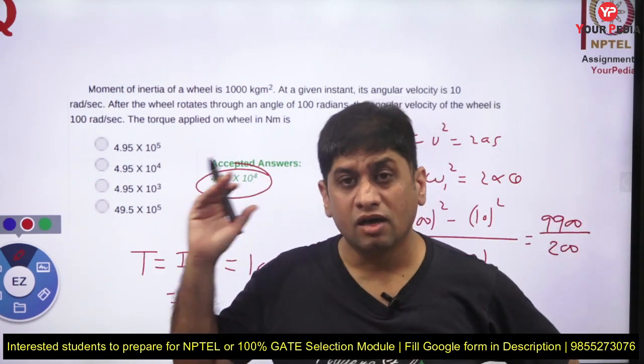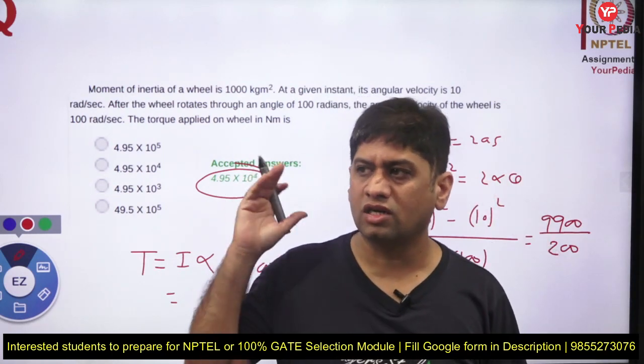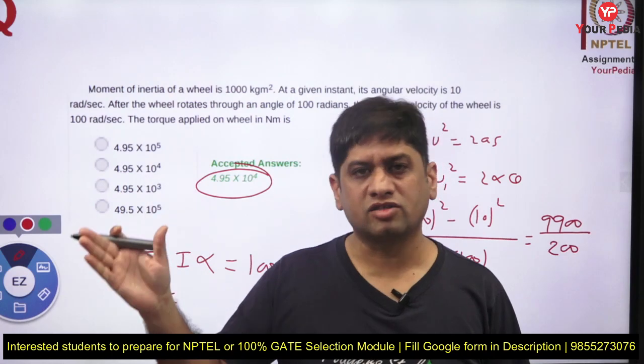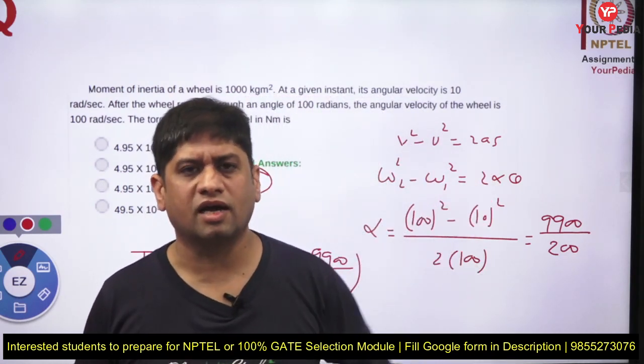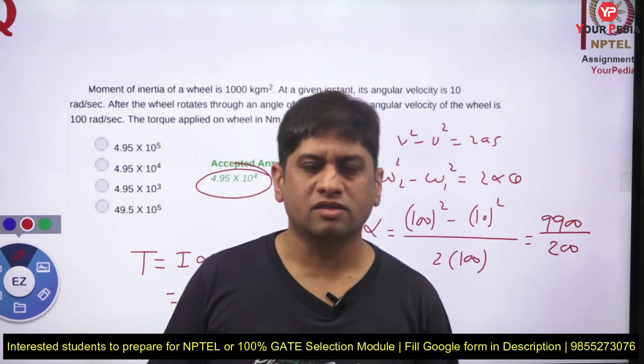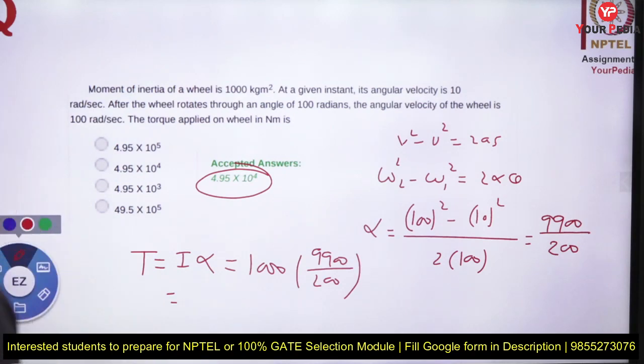In linear motion, mass; in angular motion, moment of inertia. In linear motion, linear acceleration, and in angular motion, angular acceleration. So we will get some kind of analogy in these terms. This was the question related to radian and torque, which we had to find out.